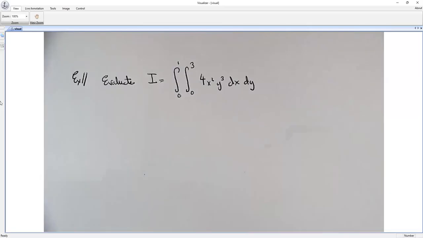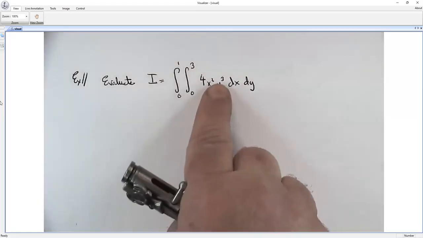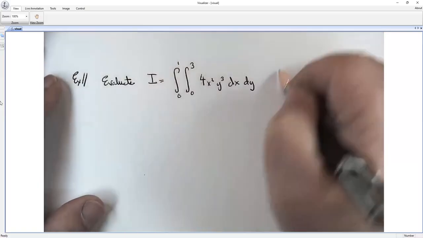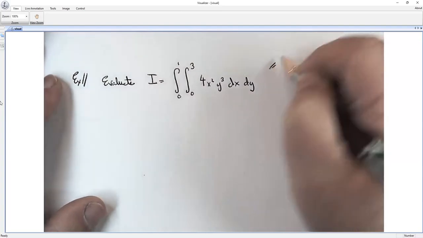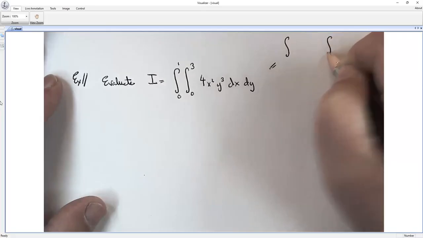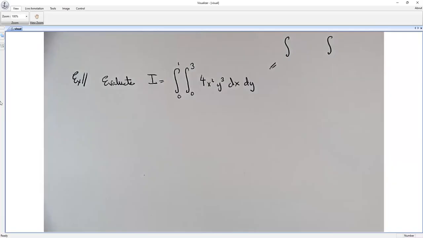So with this one, officially I could, because I have strict multiplication of my variables here, use one of our classic theorems and break it up. You can integrate this and basically break up integrals, because this is a product, 4x squared times y cubed.